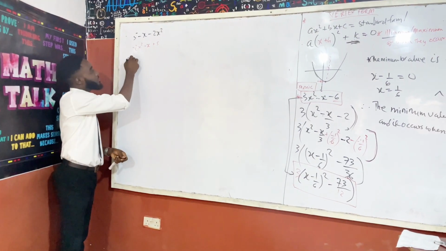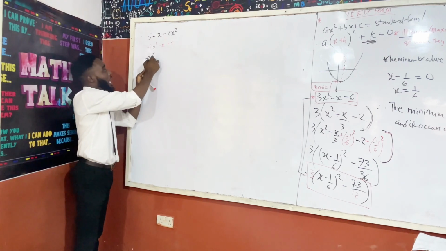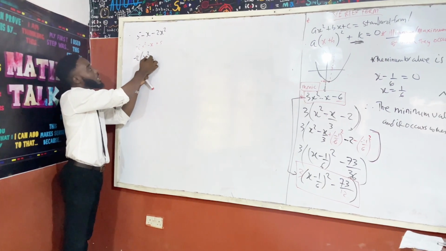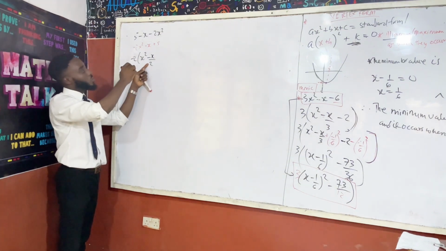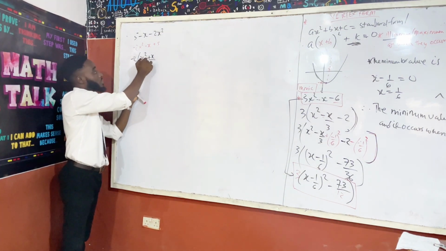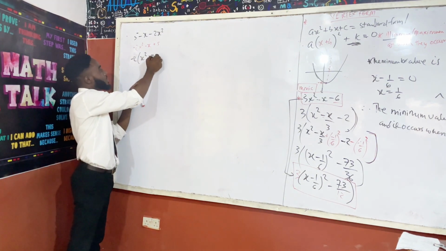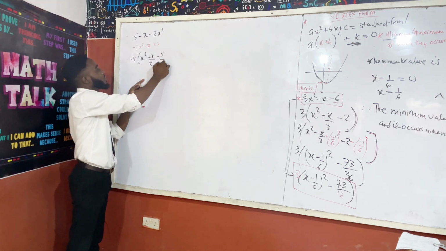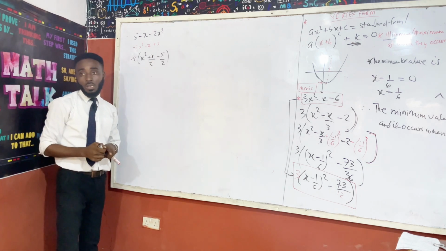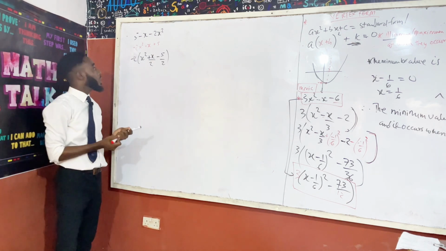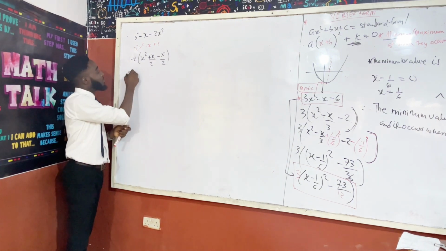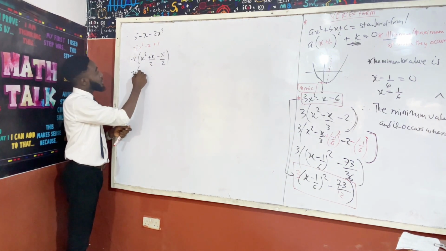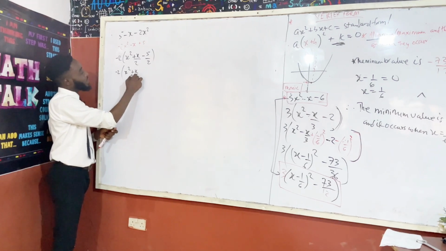I can take out the minus 2. I'll have x squared plus x over 2. Is that okay? All right, so I'll have minus 2 into brackets x squared plus x over 2.